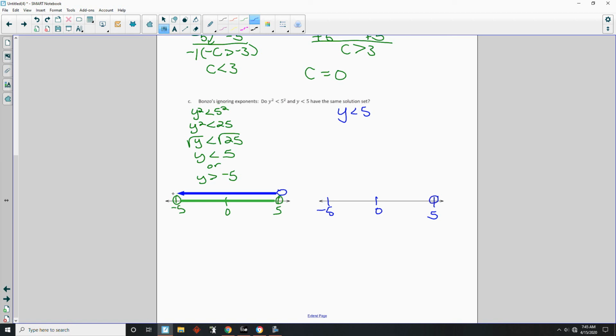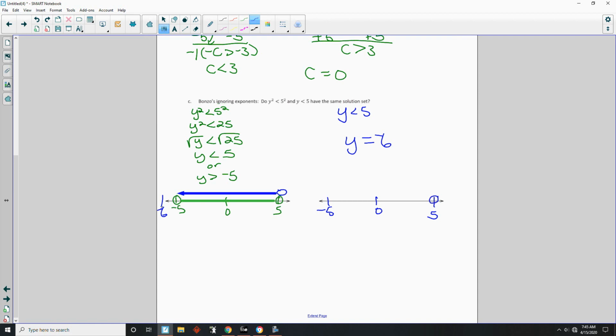But this blue arrow is telling me to continue beyond -5. So if y equaled 6, this is false. I'm sorry, I want to go beyond -5, -6. If y is -6, -6 is over here. That is in the solution set because this arrow says to continue this way.